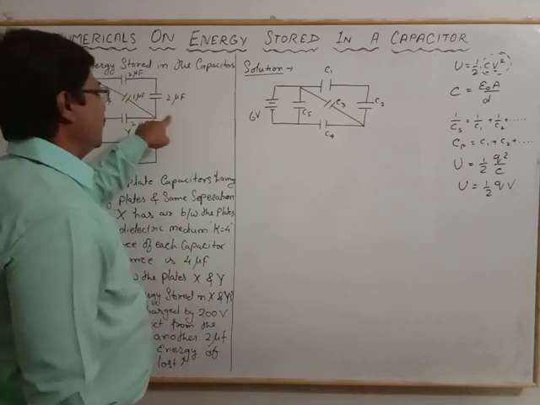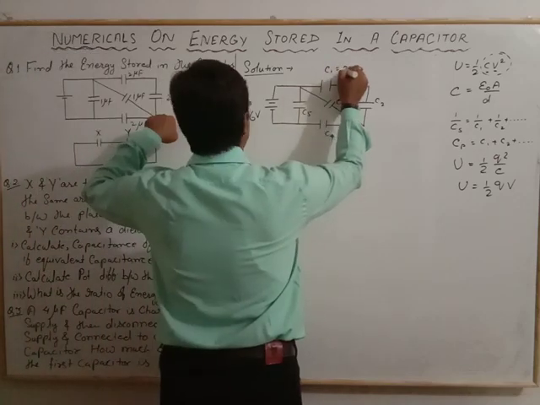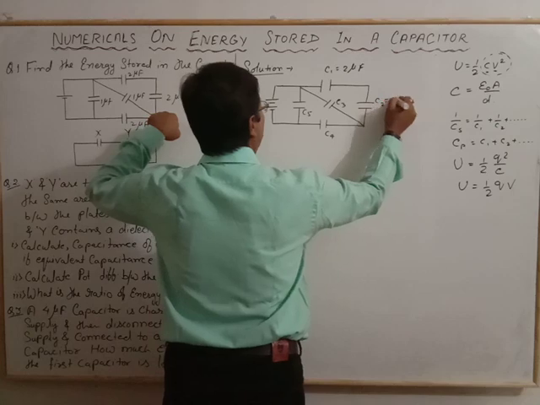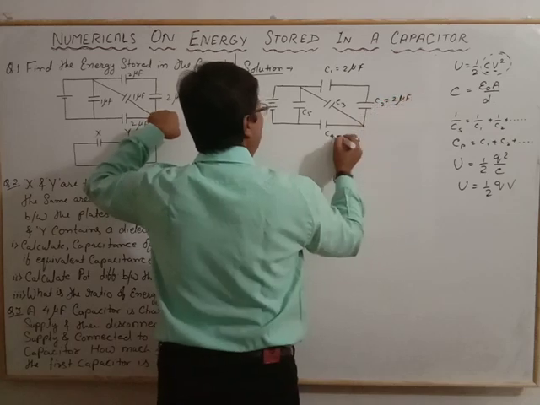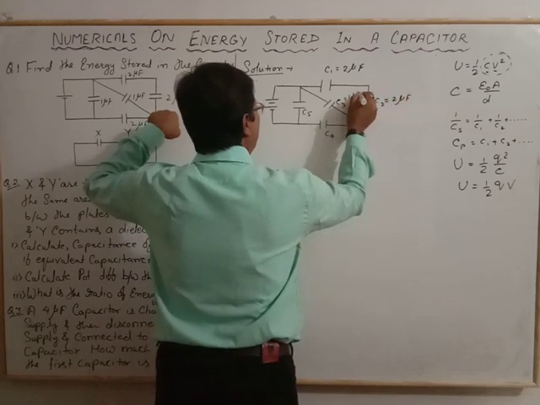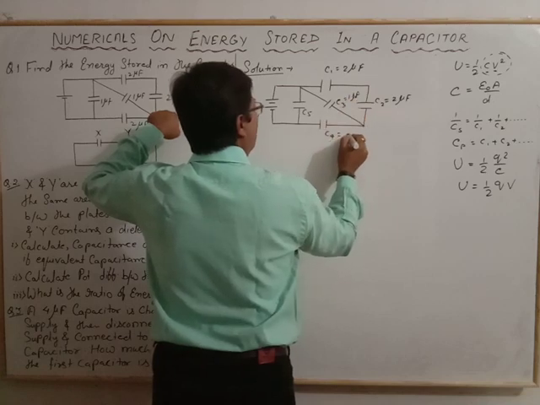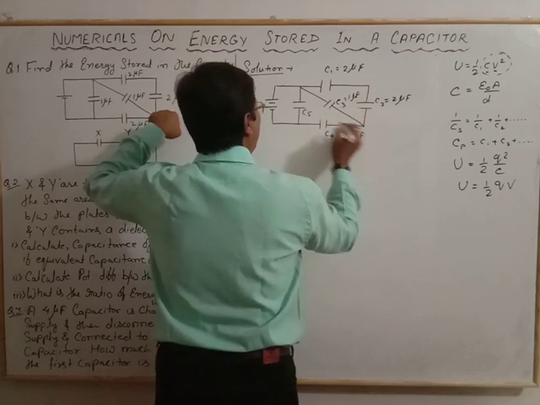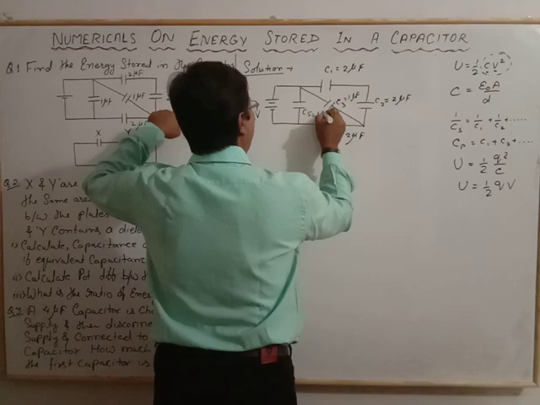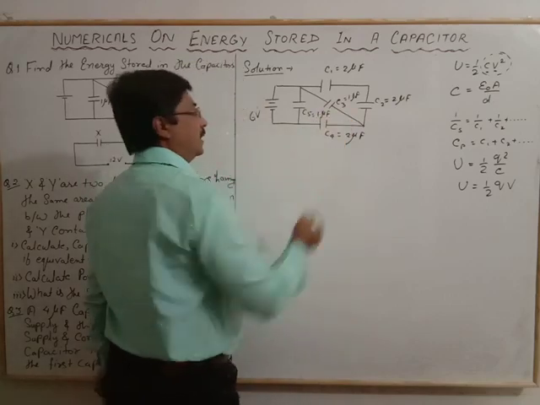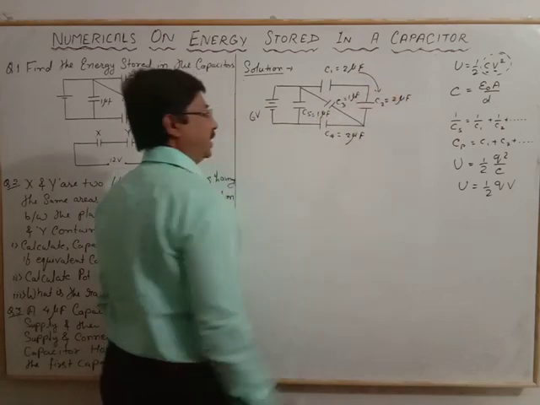The values are also given here: C1 is equal to 2 microfarad, C2 is equal to 2 microfarad, C3 is equal to 1 microfarad, C4 is equal to 2 microfarad, and C5 is equal to again 1 microfarad. Now see, these two are in series combination.